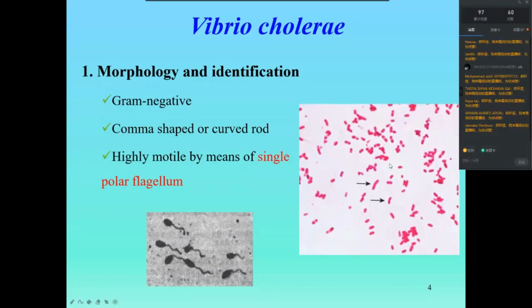We learned about flagella a lot, but the word flagella means many flagellum. Here they have a polar flagellum, meaning that at one end of the bacterium there is only one flagellum. This will propel the bacteria to swim in liquid medium. When you check the bacterium under a microscope, you can see that they swim fast. It's motile.